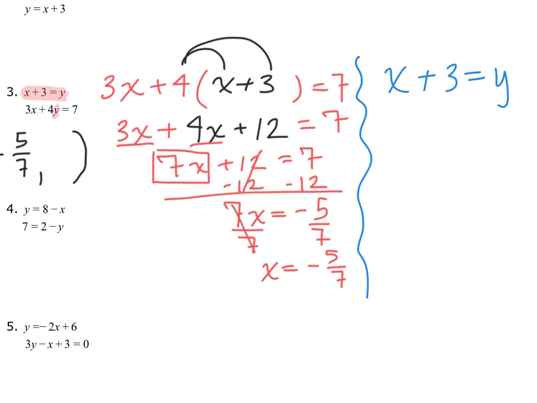So I'm going to replace x with negative 5/7 plus 3 is equal to y. So here you can use your calculator. I'm going to solve this by hand. So if I have negative 5/7 plus, and if I want this to be a 7, that's 21/7 equals y.